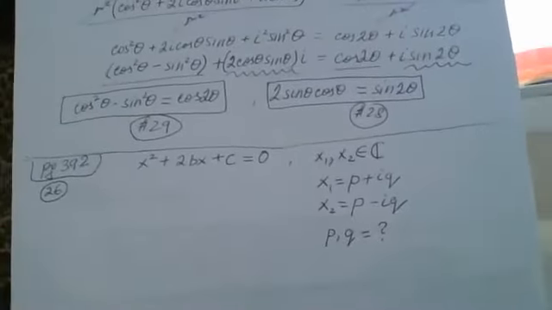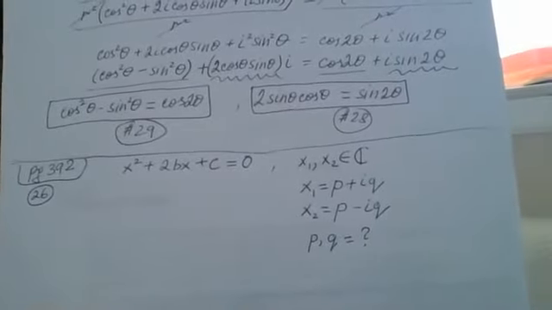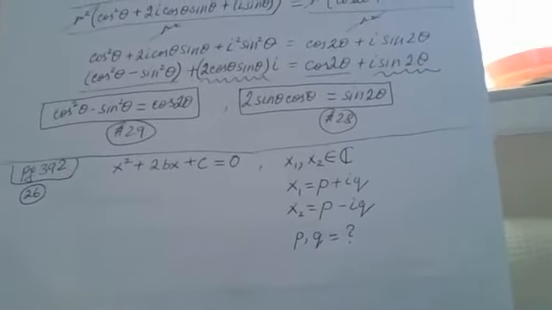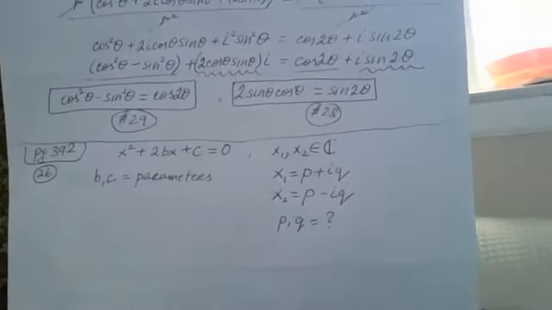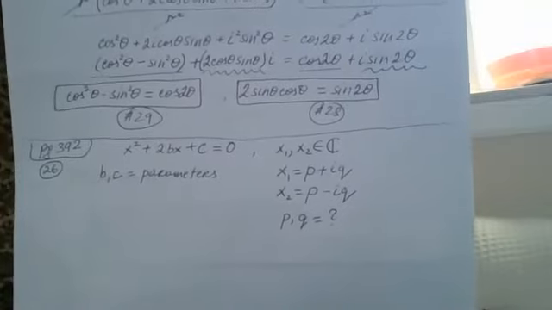This is how I wrote this problem on paper, using just math symbols. As we understand here, b and c are parameters, which means they are given fixed numbers.